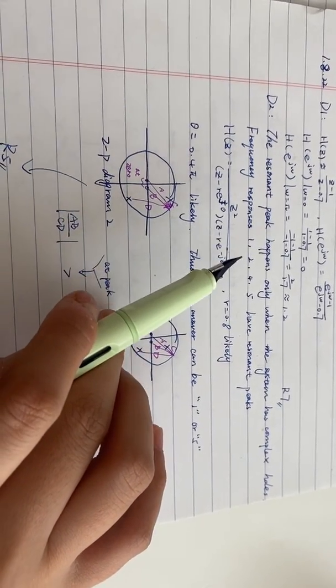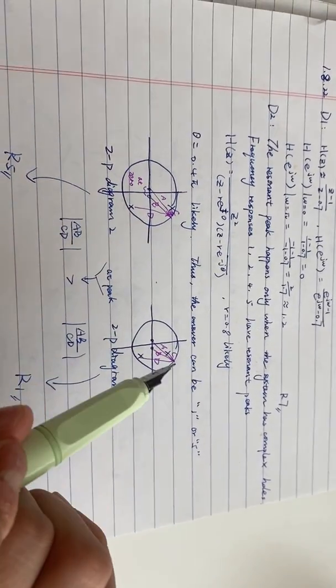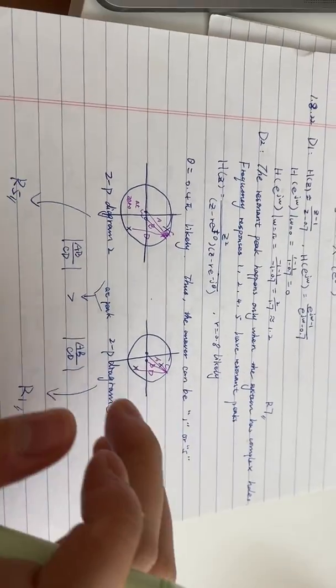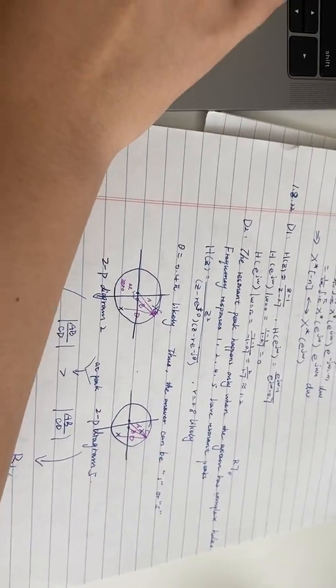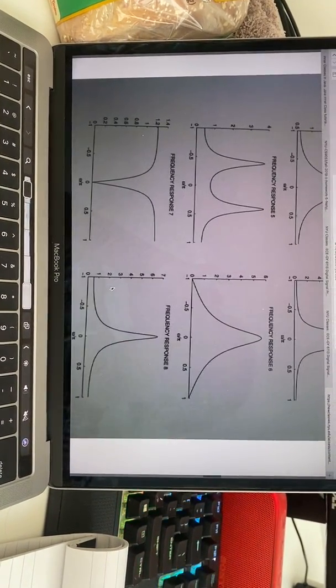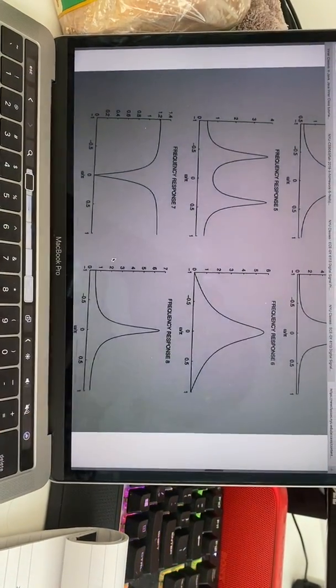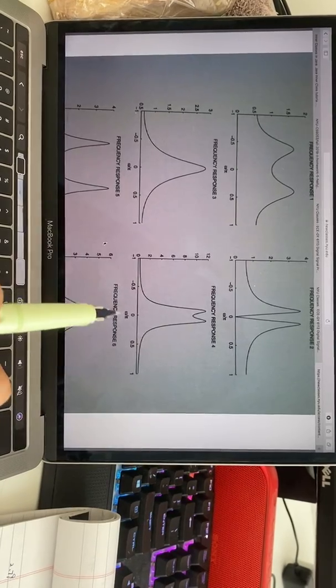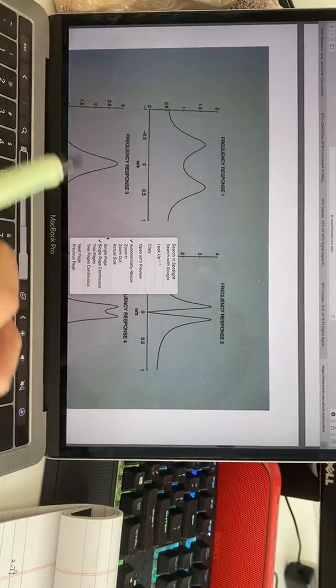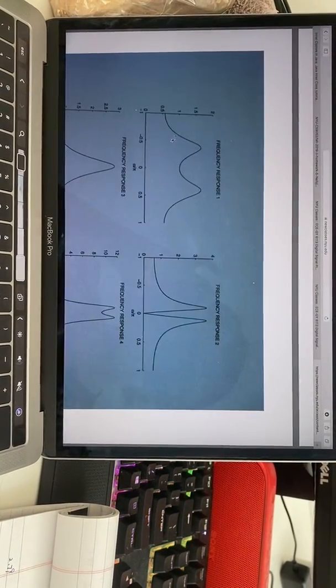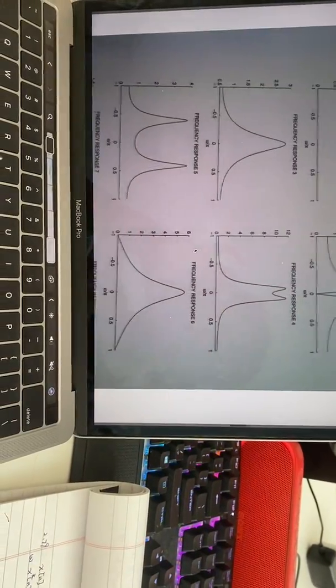The frequency responses 1, 2, 4, 5 may have the resonant peaks. So 1, 2, 4, 5 might be the answer.